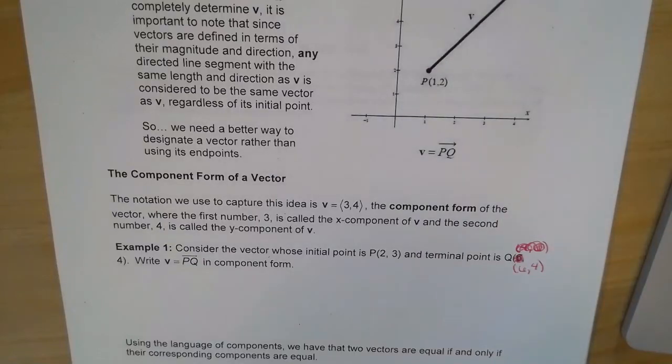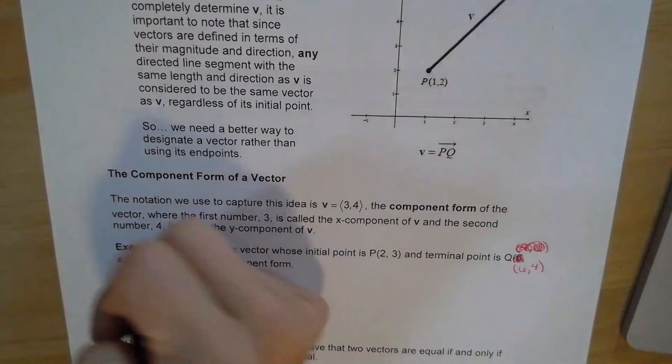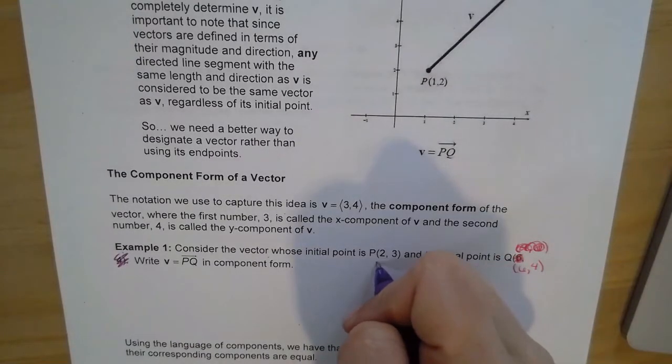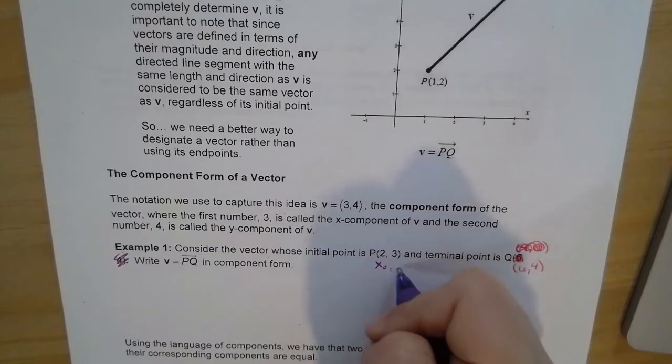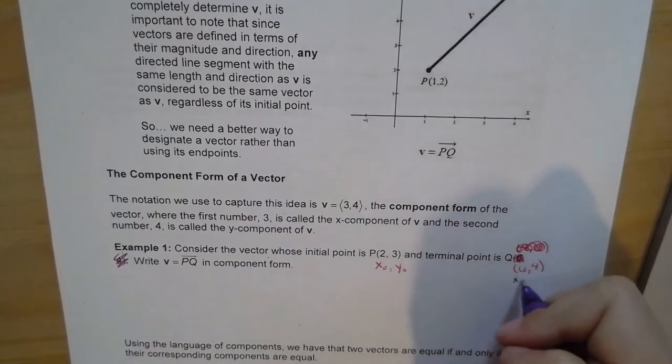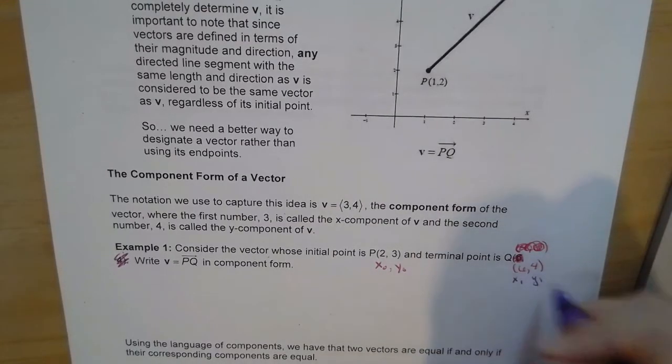Alright, consider the vector whose initial point is P, (2, 3), and the terminal point is Q, (6, 4). Write V in component form. So, how do we do that? Well, let's remember that the initial point is (x initial, y initial), where the terminal point is (x sub 1, y sub 1).